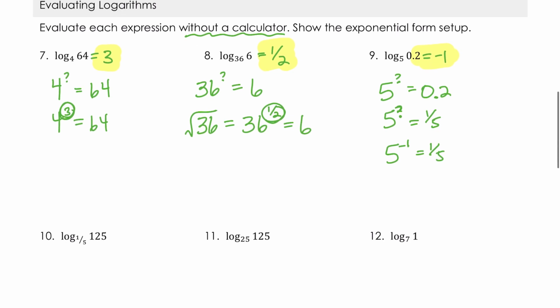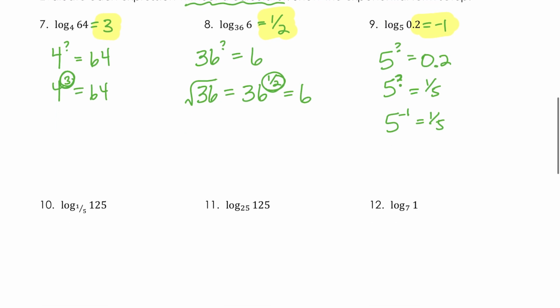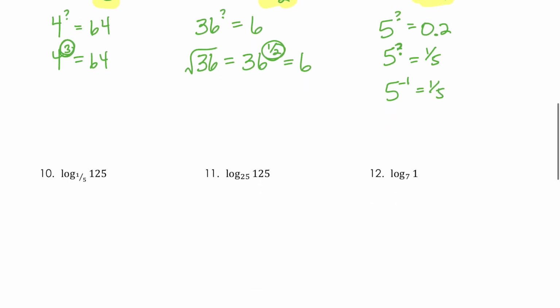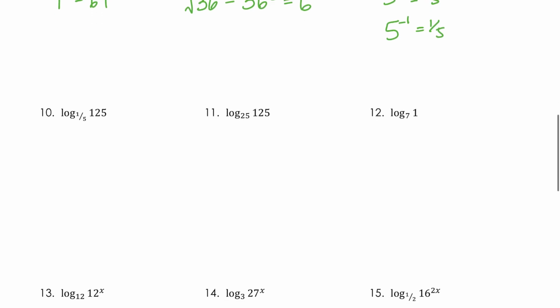And the way these get harder, the ones that we can do, is they just become things we have to think more about. For example, log base 1/5 of 125. So we're saying 1/5 to what power equals 125? Well, that is a little bit tricky, right?